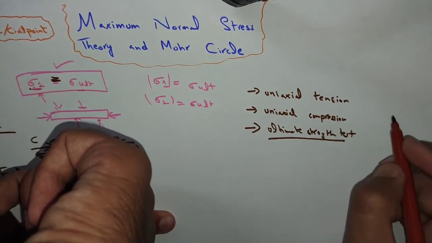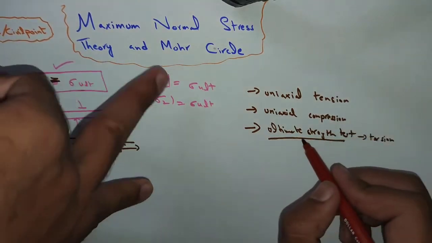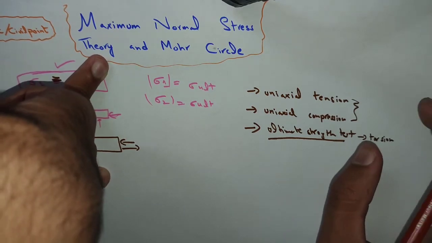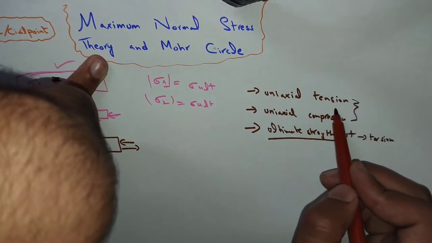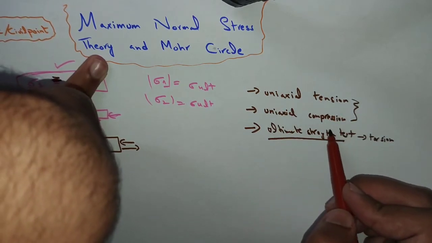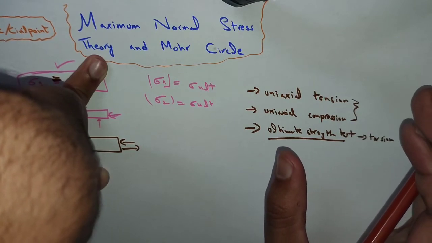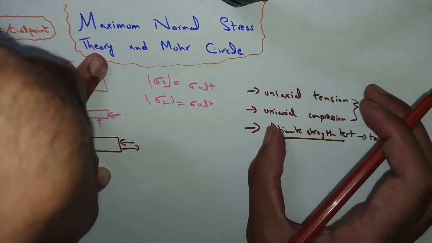This test will be for torsion, and we have to find the ultimate strength in the above cases. So these three tests will be performed to find the Mohr circle criteria: uniaxial tension, uniaxial compression, and the third one will be the simple torsion test, which will be performed to get the shear strength of the material. So we have to find these three things.